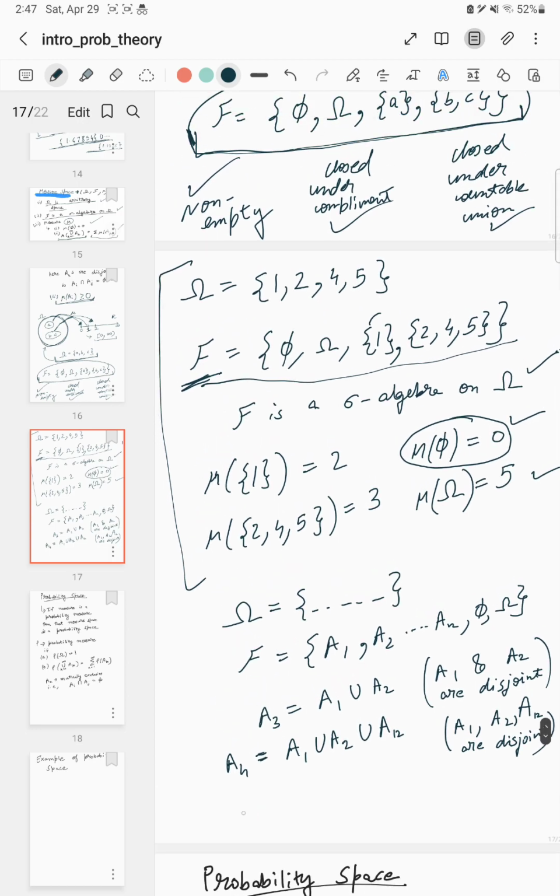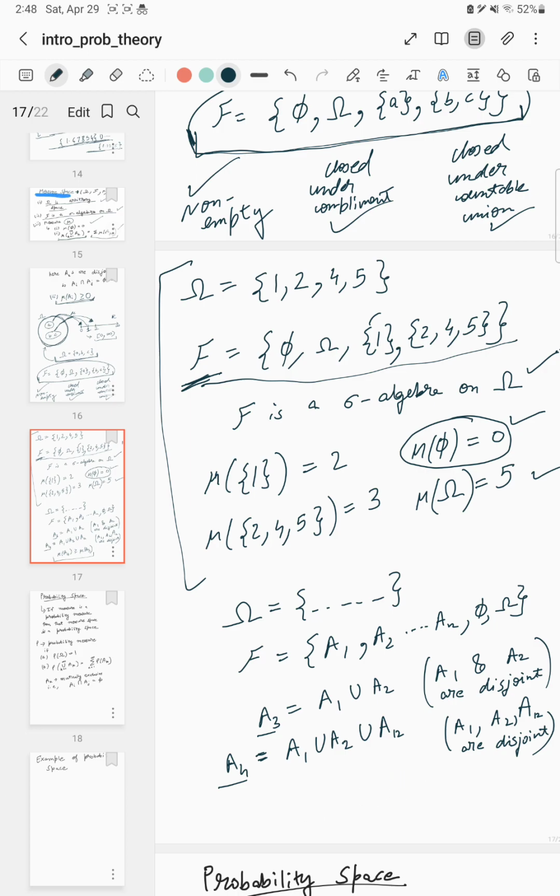That is, the bigger the set given to the measure mu, the bigger the output it would give. So in this case, we see that A4 was bigger than A3, so mu of A4 is always greater than or equal to mu of A3.